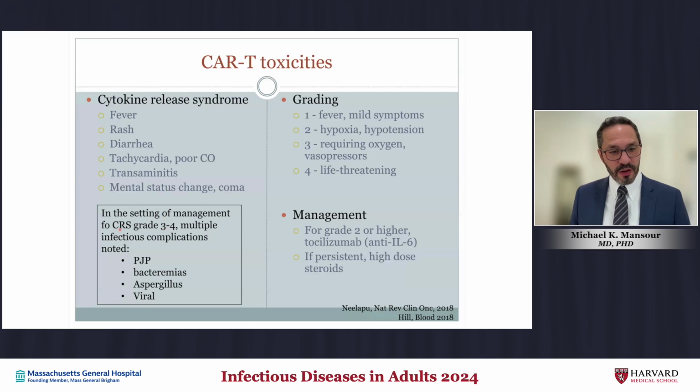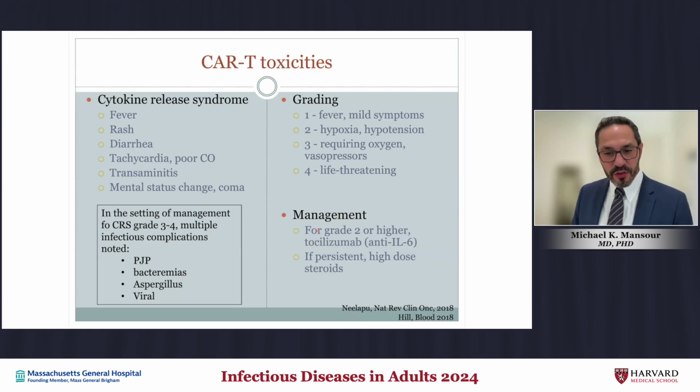And so there's grades of cytokine release syndrome. Certainly when you look through these, you can see that initially they can be very mild, for example, just having a low-grade fever, and they can progress all the way up to requiring oxygen, intubation, vasopressors, or really be life-threatening. So how do you manage CRS?